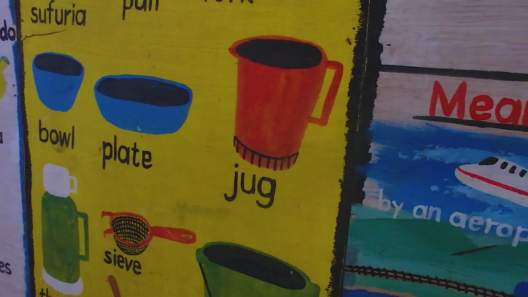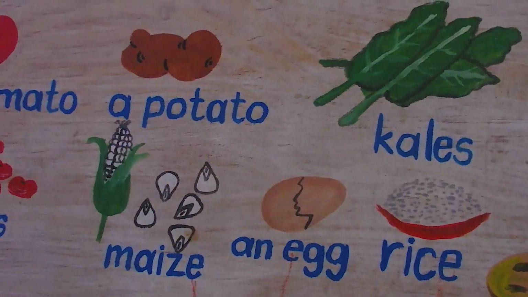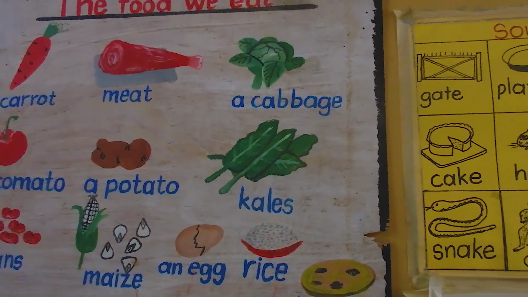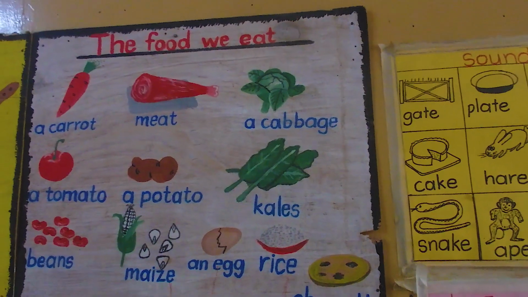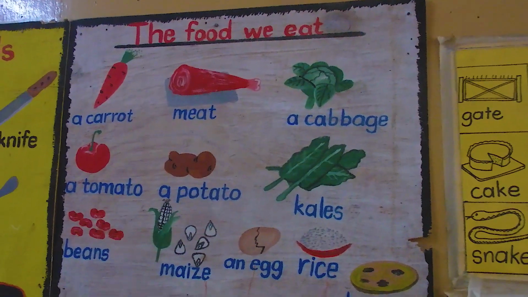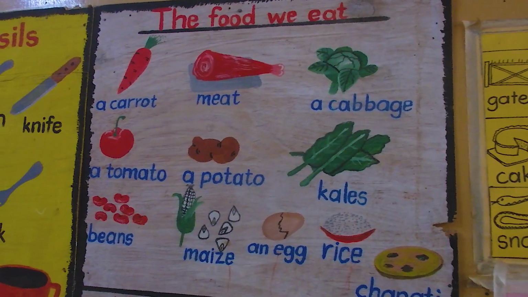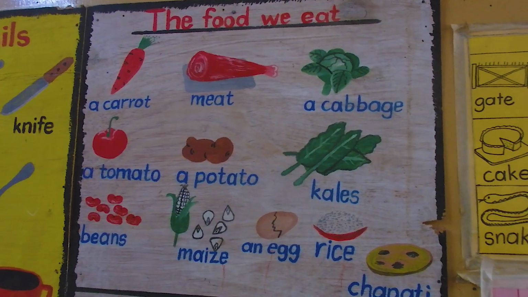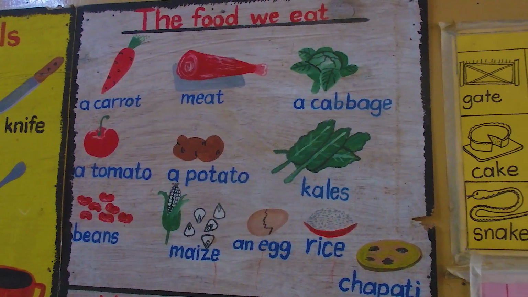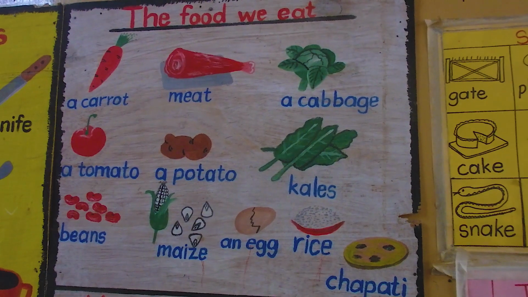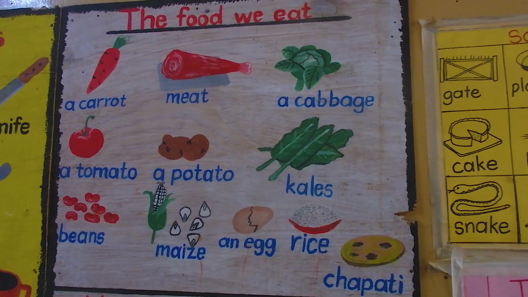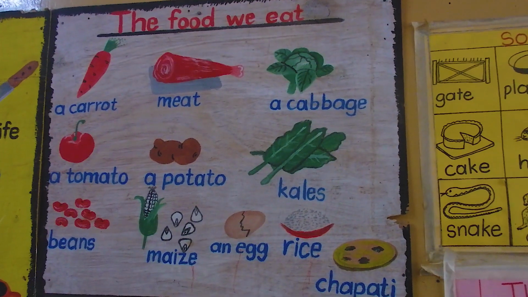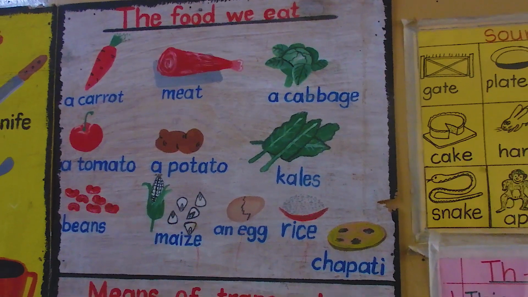Okay, let us move there, and we have the food we eat. With the food we eat, they learn different kinds of food, and you can even teach outside the box by telling them the function of each food in the body.